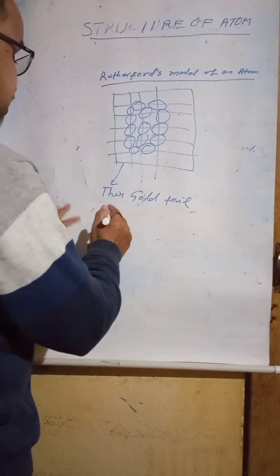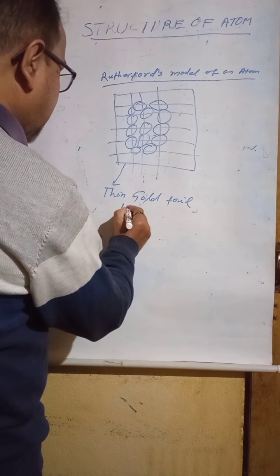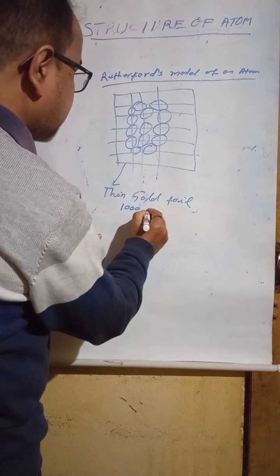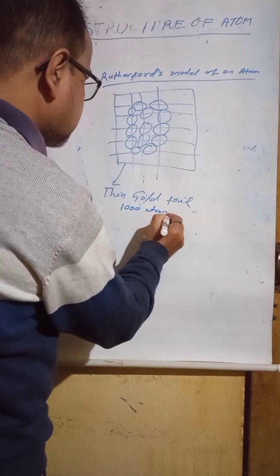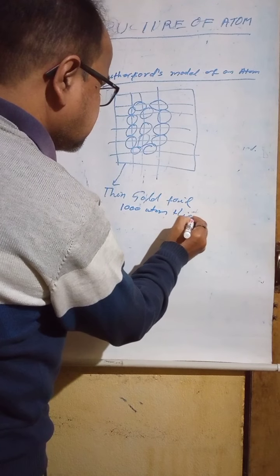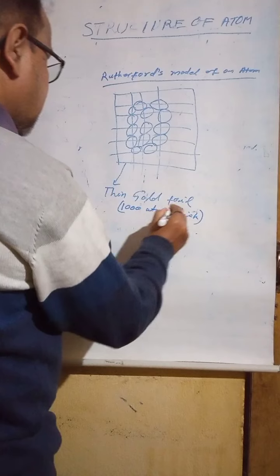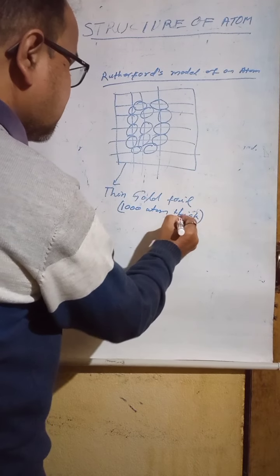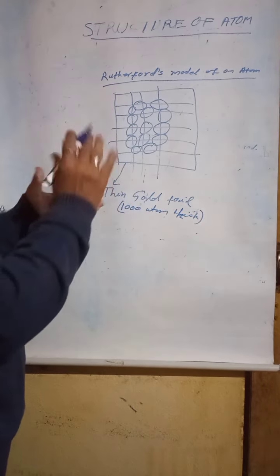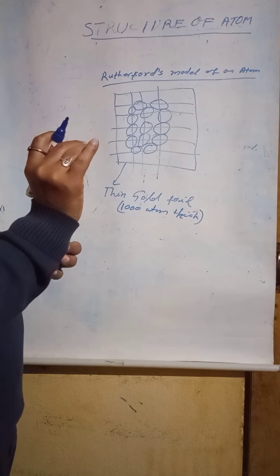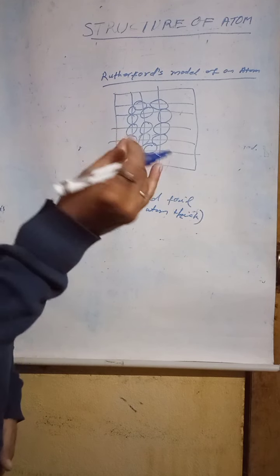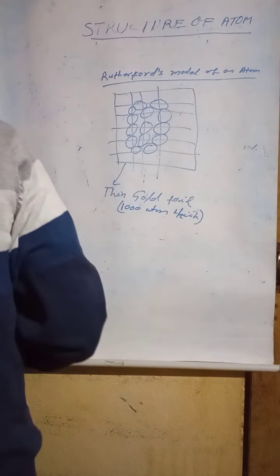Thin gold foil means it is 1000 atoms thick, so it is very thin, even thinner than paper.